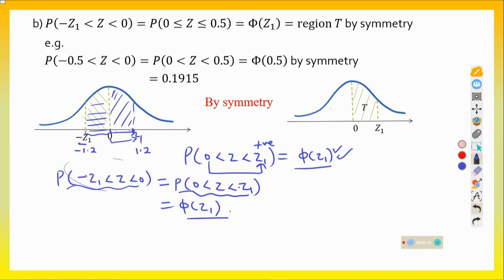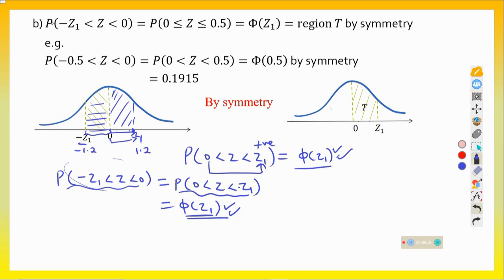So instead of focusing on negative z1 less than z less than 0, we shall take the probability of 0 less than z less than z1, and that is by symmetry. And we already know that this is the same as taking the table reading of z1.